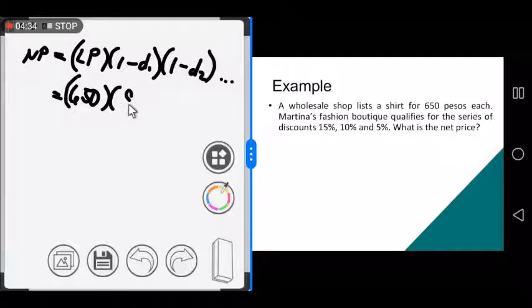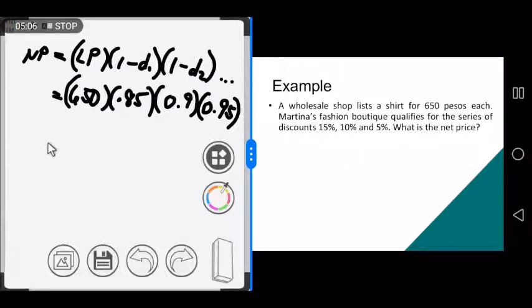So, in decimal form, we have 0.85. Next, we have 10%. Its complement will be 90%, or in decimal form, 0.9. Okay? And for the last complementary rate, kung 5% ang nakalagay doon, our complementary rate is 0.95.